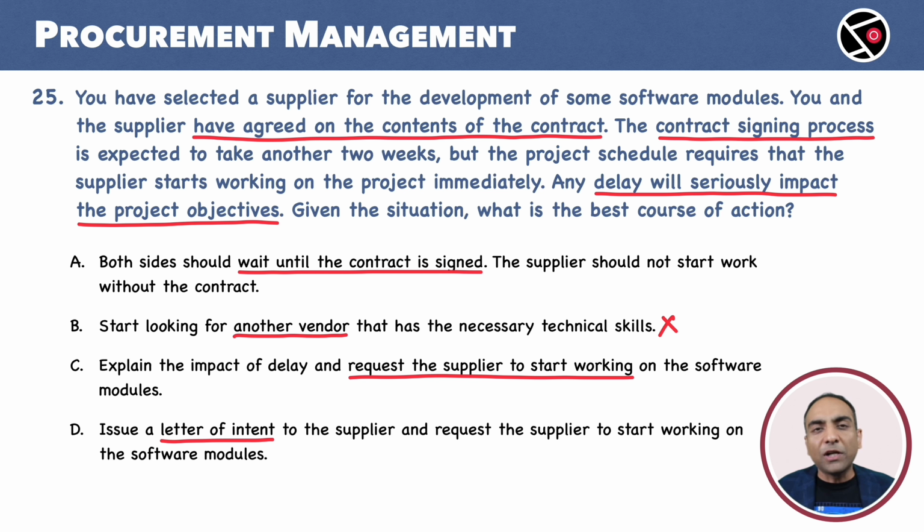LOI is not a replacement for the contract. Continuing with LOI and no contract is still risky. In this case, both parties have already agreed on the contract terms and conditions. It is just the signing process that is pending. So, proceeding with the LOI while the contract is being signed is a reasonable choice. We drop A, B, and C. D is our choice.